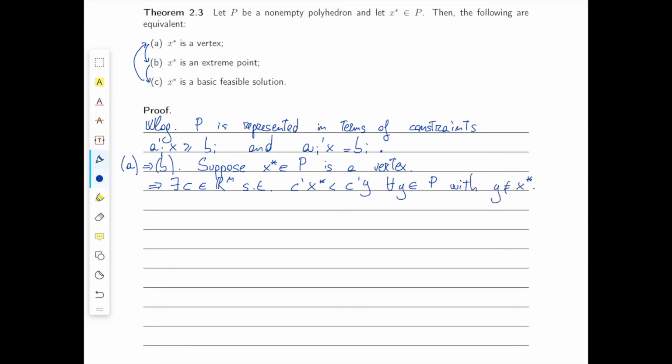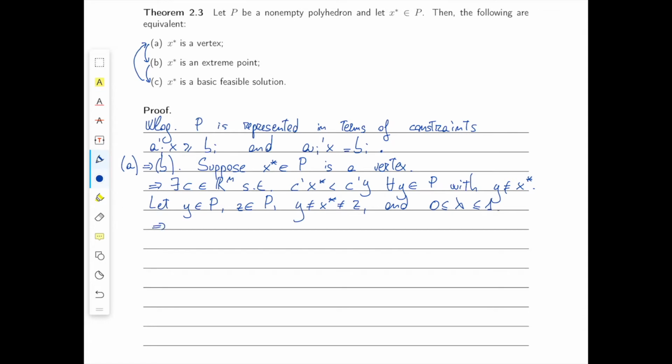Instead, in the definition of extreme point, we have two vectors y and z and a scalar lambda. So let's pick them. Let y in P, z in P, with y different from x star and x star different from z, and 0 less than or equal to lambda less than or equal to 1.